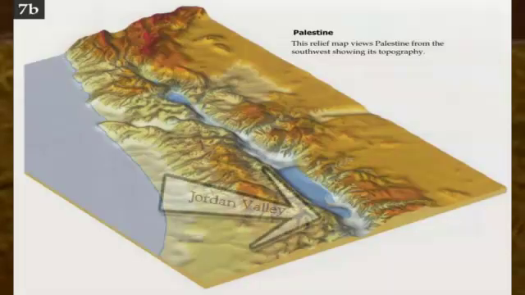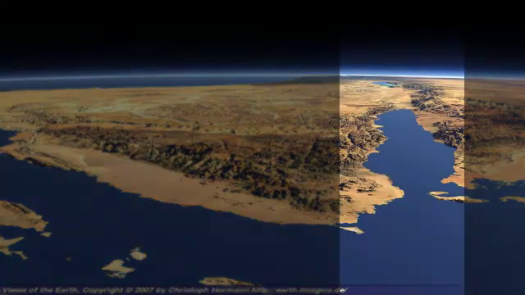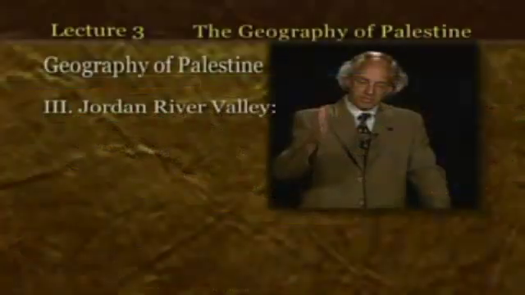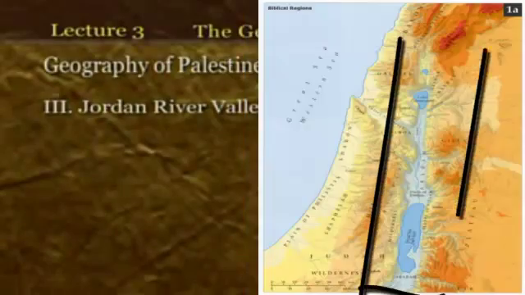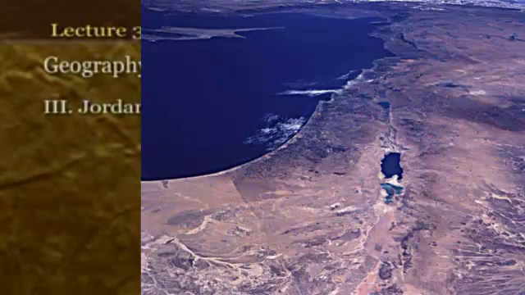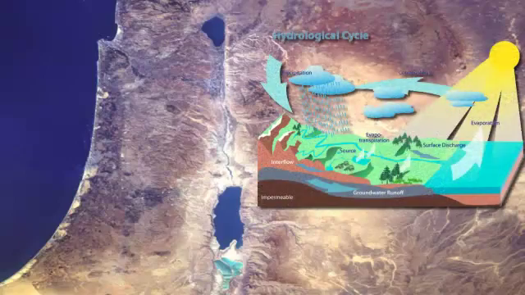Further east and you hit the Jordan Valley. And the Jordan Valley is an ancient fault line of tectonic plates. And you have the earth coming together there and moving there. And it is a very, very low area. The Dead Sea, of course, is the lowest area on the planet, roughly 1,300 feet below sea level.